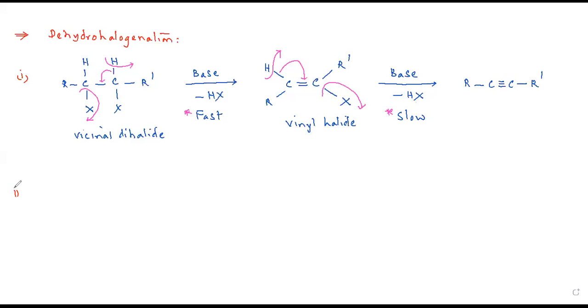Now, if a geminal dihalide is considered, a geminal dihalide is the one that has two halogen atoms on the same carbon. Using this base, hydrogen is abstracted. Minus HX, fast.